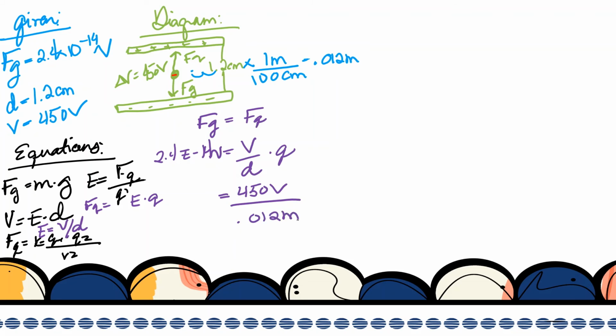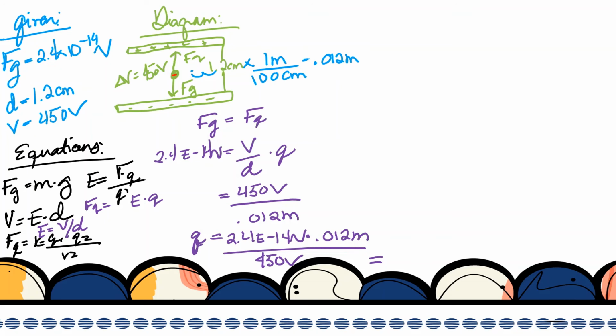0.012 meters. I want to get charge by itself, so I'd have 2.4 times 10 to the negative 14 newtons times 0.012 meters divided by 450 volts. And when I do that, I get, let's see, 2.4 times 10 to the negative 14.